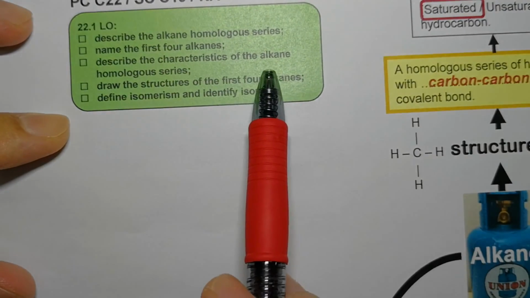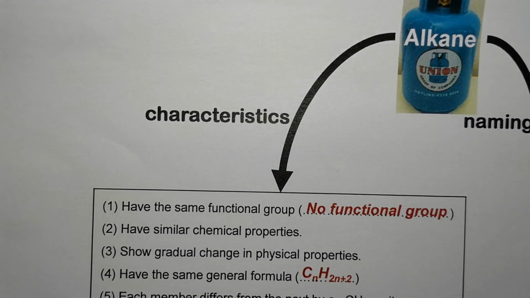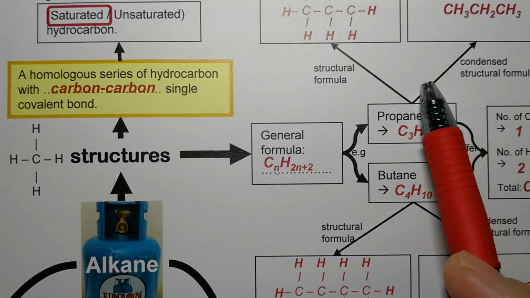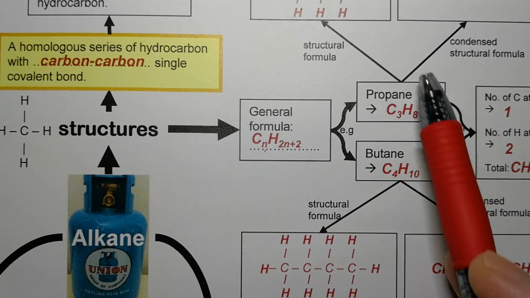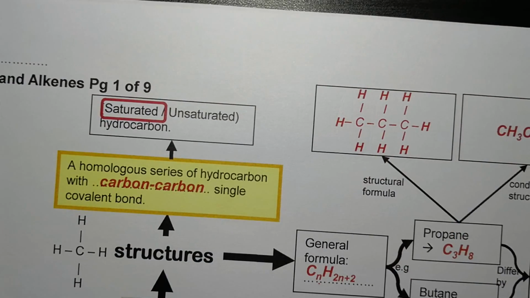Describe the characteristics of the alkane homologous series; these are the characteristics. And then draw the structures of the first 4 alkanes. You should have no problem drawing the structures of, let's say, ethane and methane. Methane is here, 2 carbon atoms, that will be ethane. Ethane should be quite similar to this.